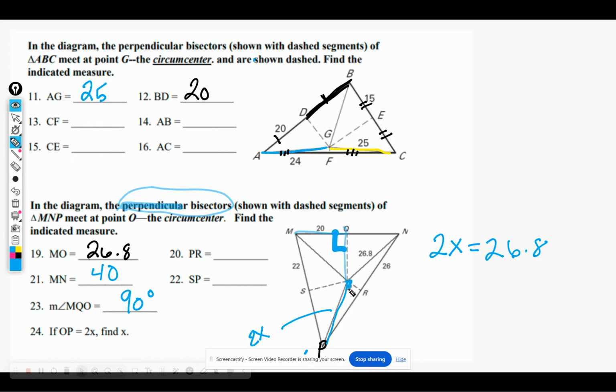So if OP is 2x and 26.8 is ON, then 2x equals 26.8. To solve for that, we divide by 2 on both sides, and then x equals 13.4.